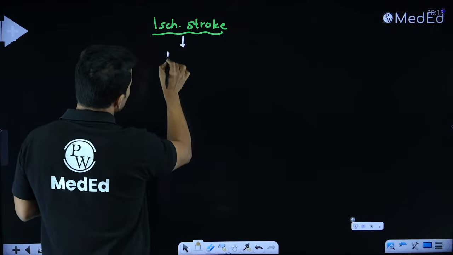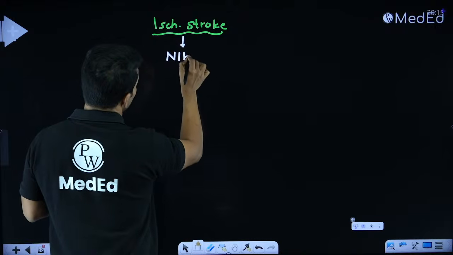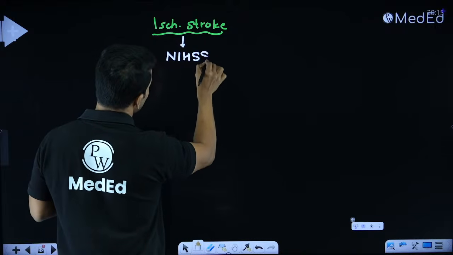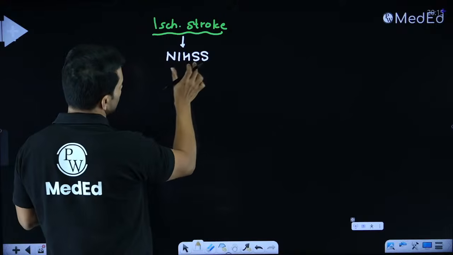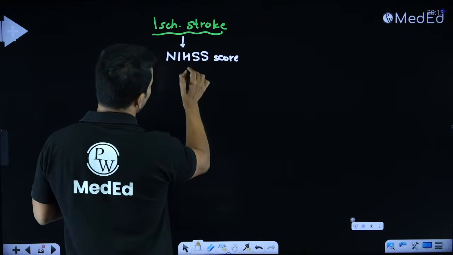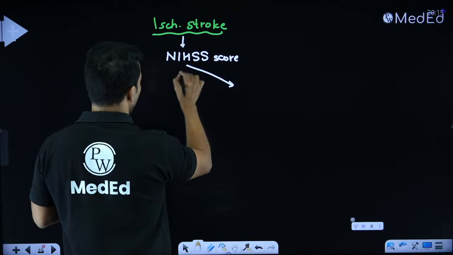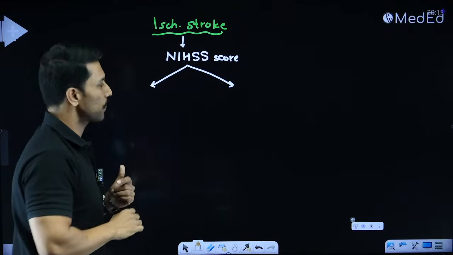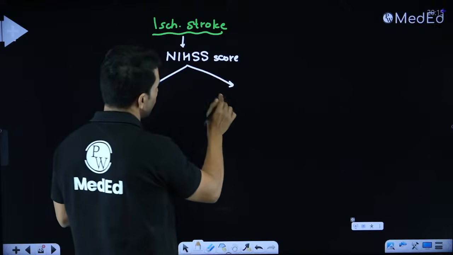There is a scoring system called the National Institute of Health Stroke Severity Scale, or NIHSS score. More the score, more severe the stroke is. Okay, you don't have to know the components of the score.